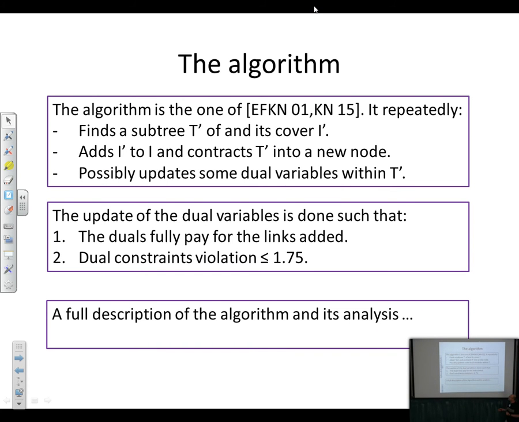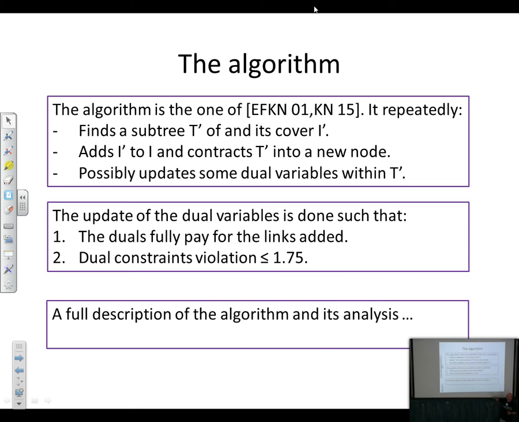So what the algorithm does, actually it's an old algorithm. It's the same algorithm in all the papers, for which we give different interpretations. It finds some subtree T prime and the cover of this subtree. It adds the computed cover to our partial solution I, contracts the tree into a new node, and for the analysis we also keep track of the dual variables.